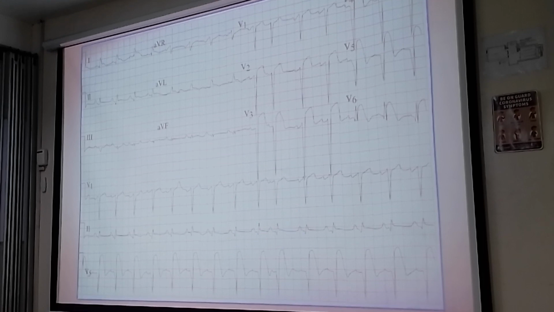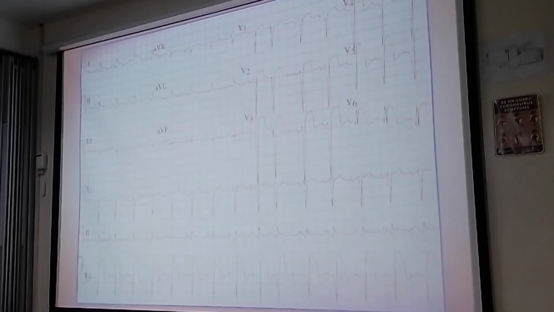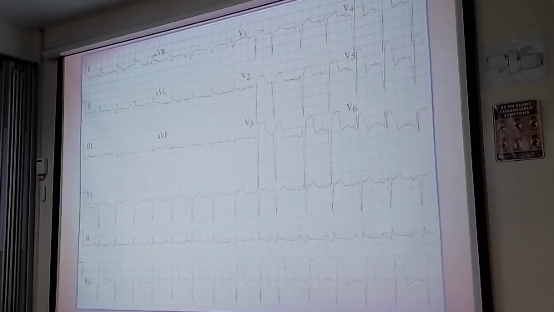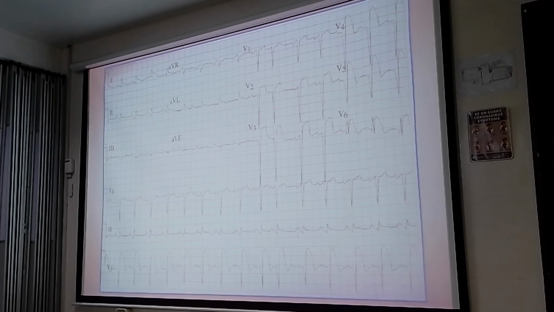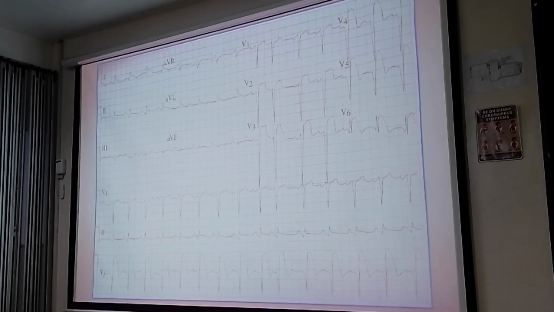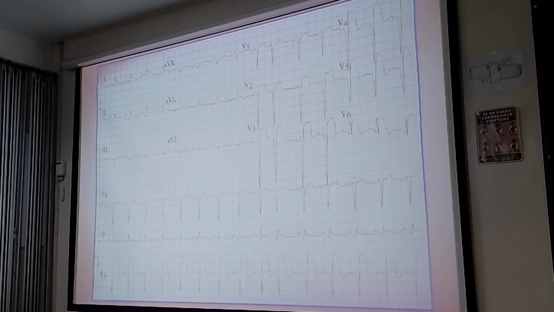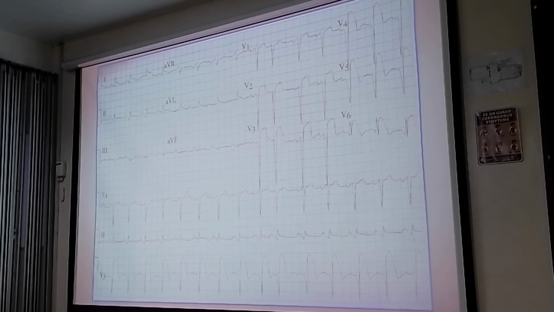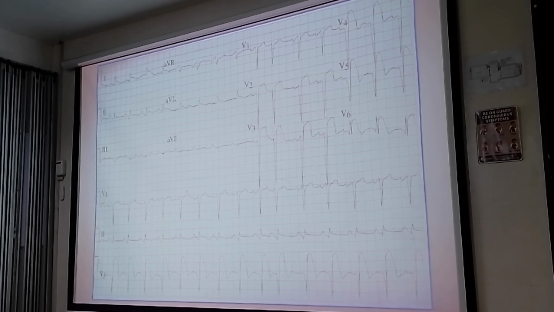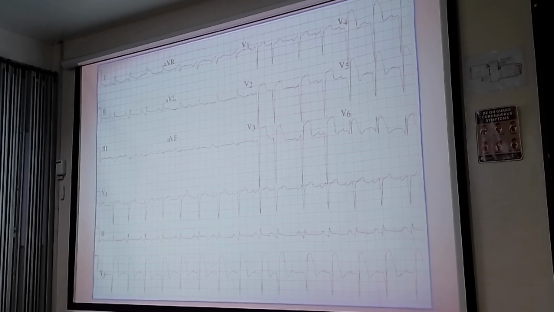This one, who can guess what this one is? What happened to this patient having chest pain? Look at the ST, V5, V3, V2, V4. What is this? What happened to the ST segment here? Elevated. This is ST elevation myocardial infarction. Look at V5, right?